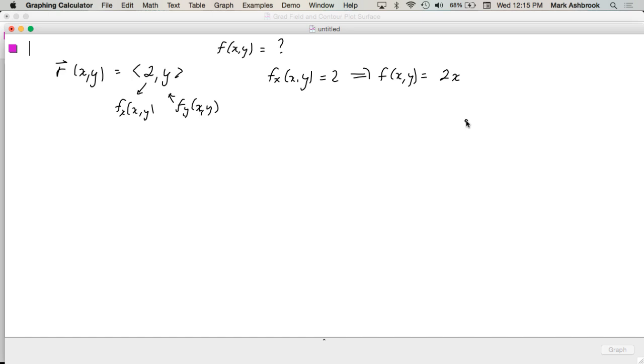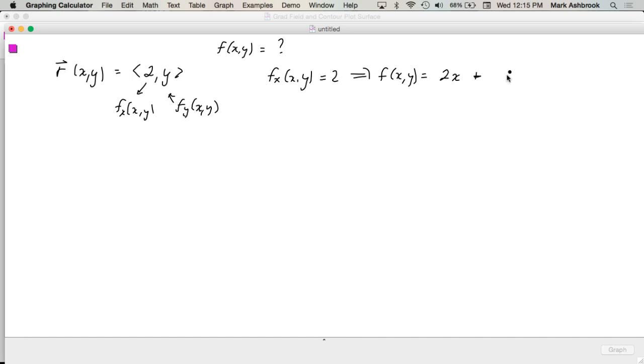There's a little bit more to this, right? We know there would have to be a 2x in this function. But then what else? The plus c really has more stuff in it than just a constant, right? Exactly. We could have any function of y. Any function just of y would still give us a partial derivative with respect to x of 2, because it would just be 0.